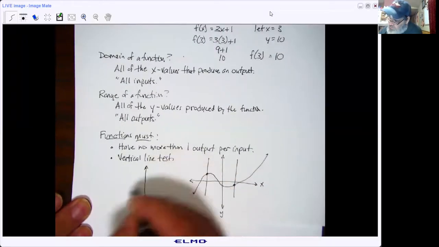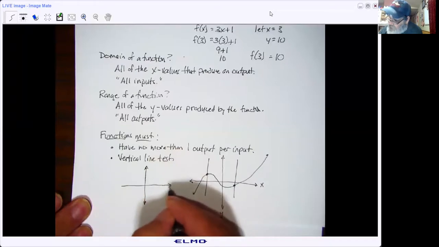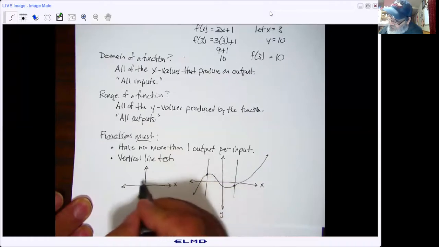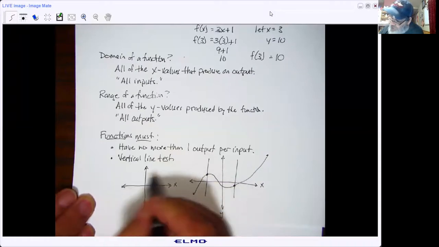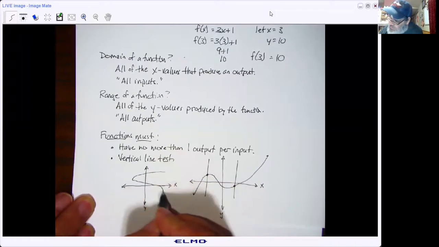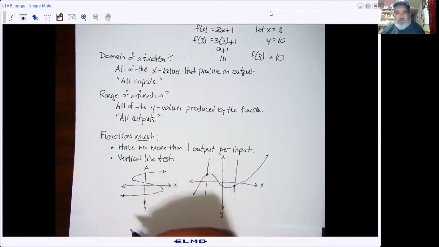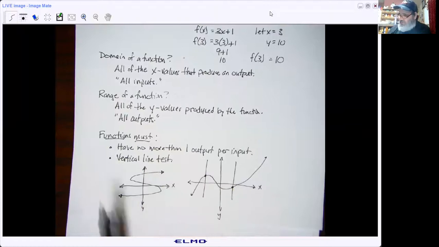Now let's look at another scenario. If we do another graph here, x, y, what if we had a graph that did something like this? And then if we tried to do our vertical line test?